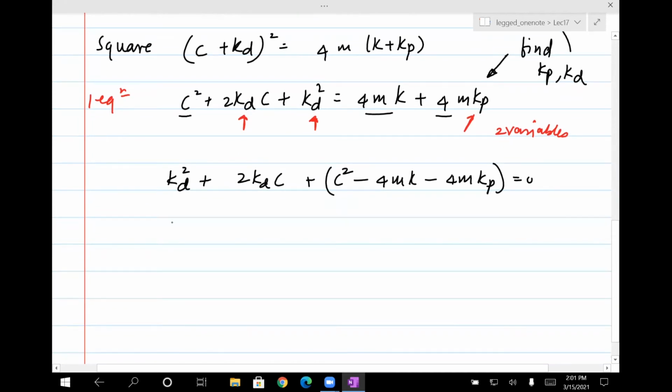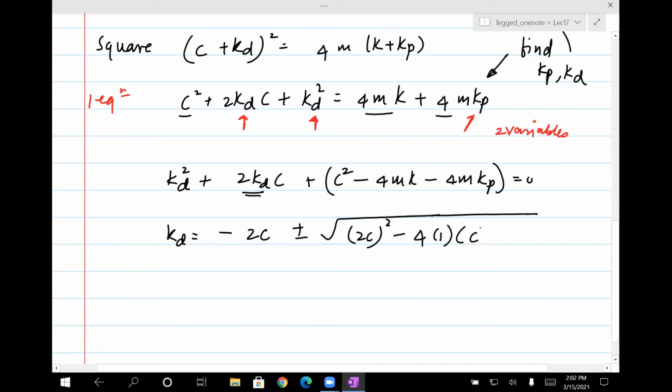Now, the way to solve a quadratic equation is Kd equals minus the middle term, which should only be the constants, not Kd, which is a variable, plus or minus the square root of the middle term squared, which is 2c squared, minus 4 times the first term, which is 1, times the last term, which is c square minus 4mk minus 4m kp.